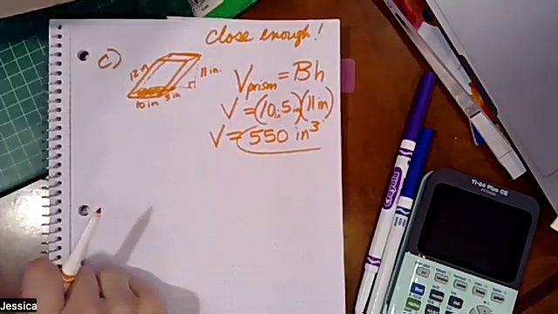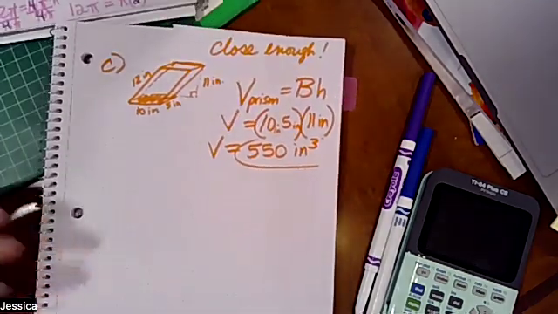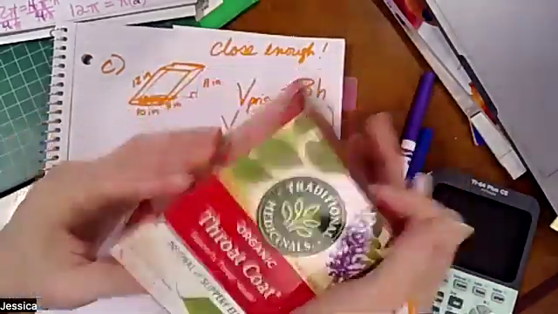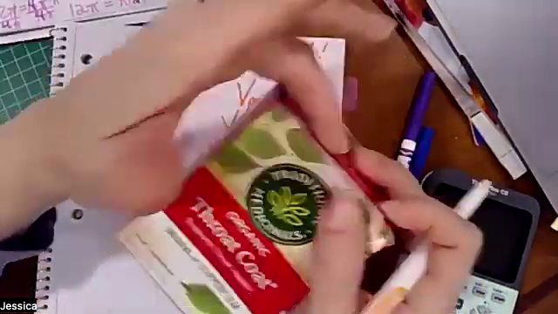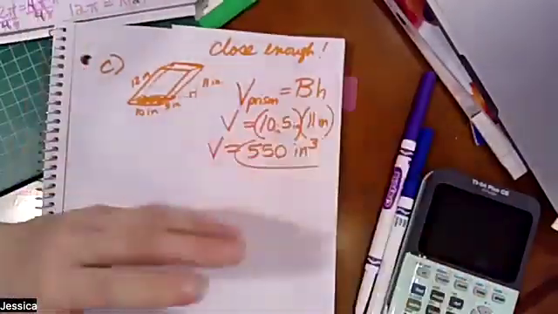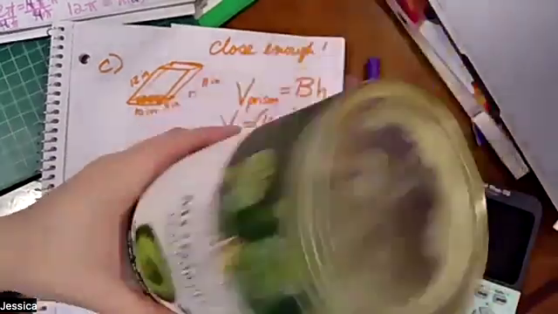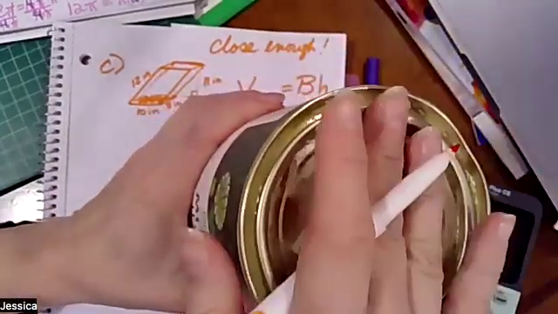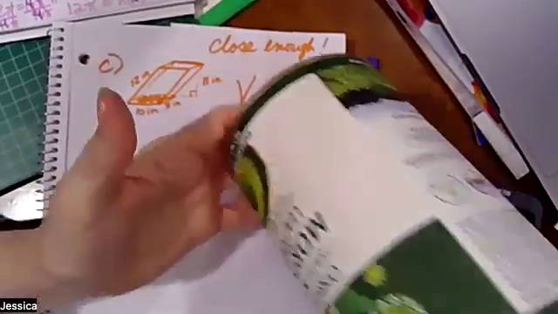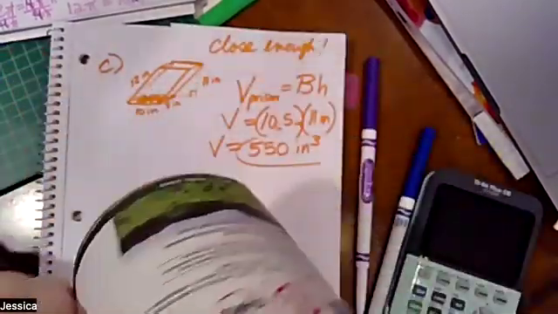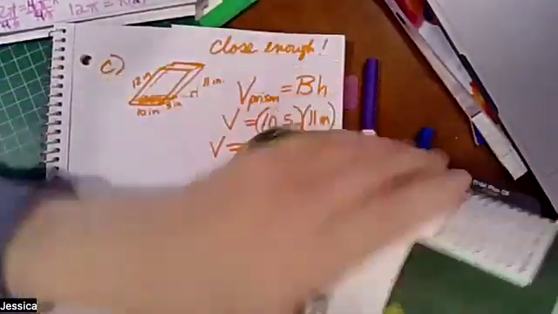Let's move on. Okay, so we've done the prisms, three-dimensional with two bases that are congruent. Now let's move on to cylinders. Notice again, we've got a base and a base that match. They are congruent, but then this is circular all the way around.